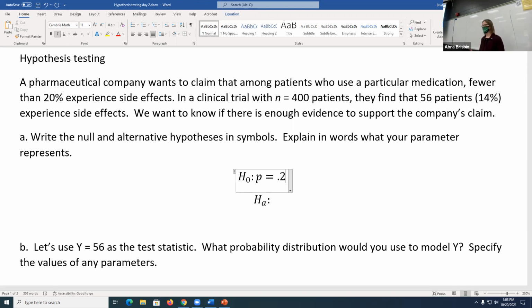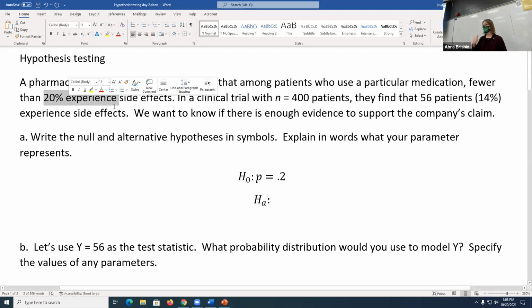We want our null hypothesis to provide us with a specific model for the chance model of what happens if any difference from 20% is just due to randomness in who we sample. So that would say that the true proportion of patients who experience side effects is 0.2.